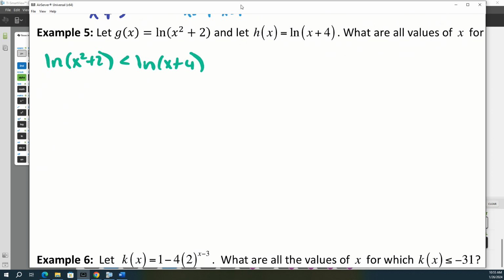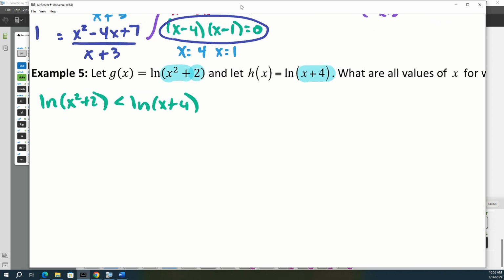So let's look at our arguments. So this x squared plus 2, is that ever going to be 0 or less than 0? If you square a number and add 2 to it, will that ever give you a negative or 0? No. So this one is always greater than 0.